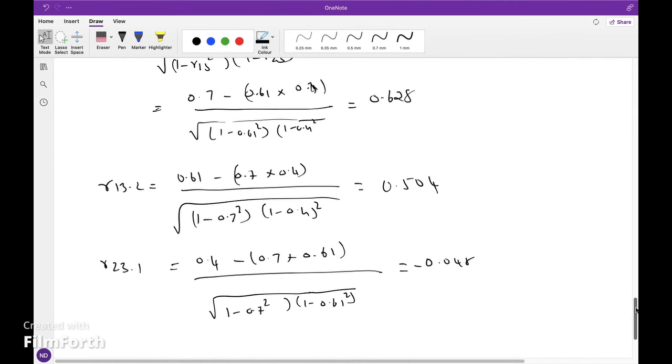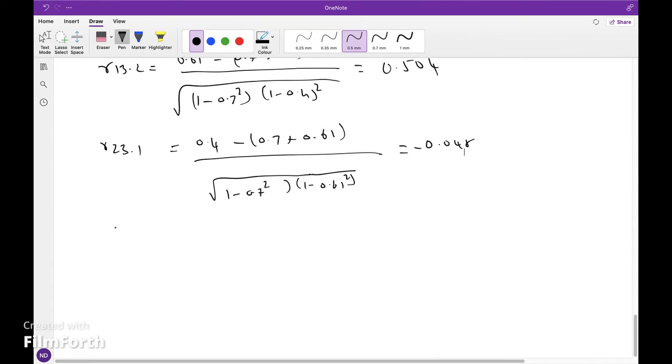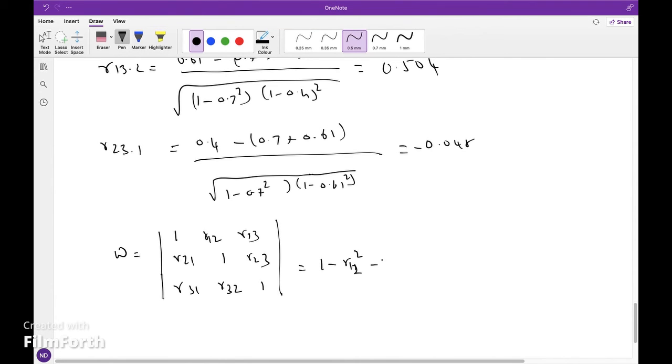Now we have to find the multiple correlation. First we need to find omega. Omega is the determinant of r11, r12, r13, r21, r22, r23, r31, r32, r33, that is equal to 1 minus r12 squared minus r13 squared minus r23 squared plus 2 r12 r13 r23.